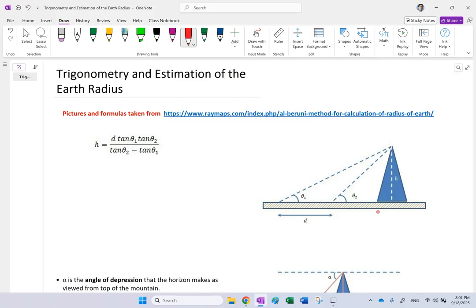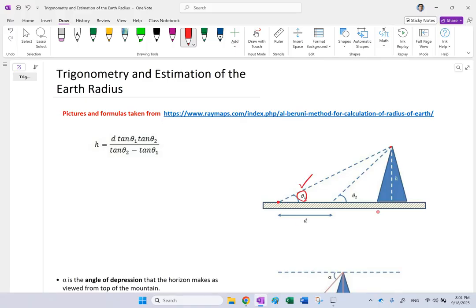He pointed toward the tip of the mount, and then he measured the angle at the location he was standing, and he came up with this angle theta 1.